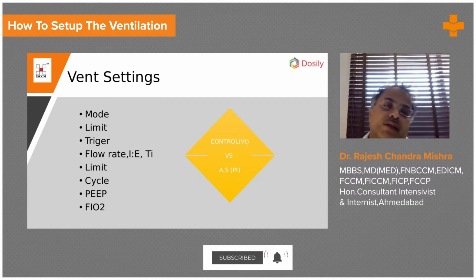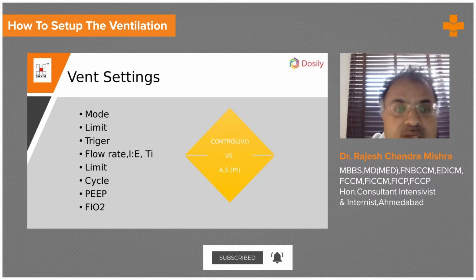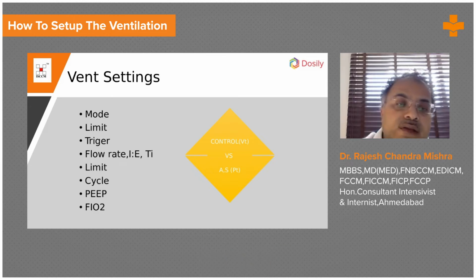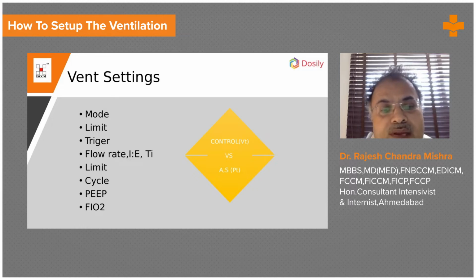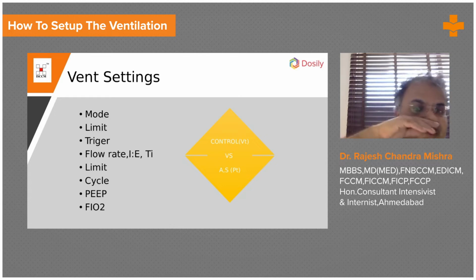As I said, the cycle limit which will be selected, again, can be either flow or inspiratory time. So if you are using pressure mode, you have to select the inspiratory time, and when that inspiratory time is achieved, the ventilator will go to the expiratory phase.